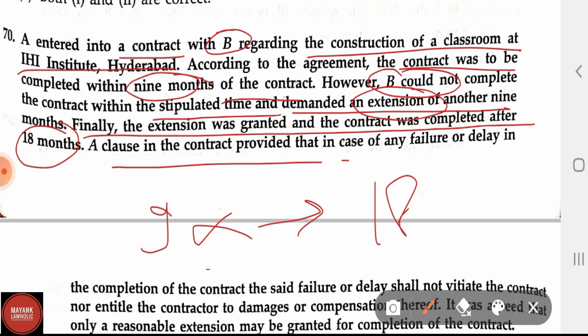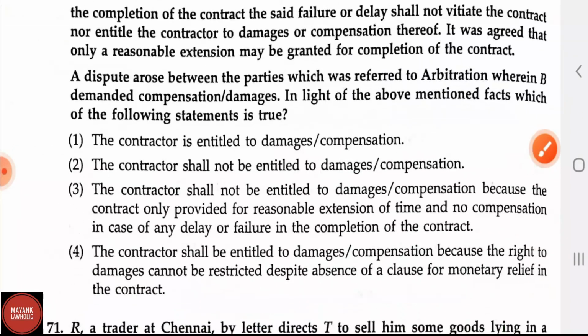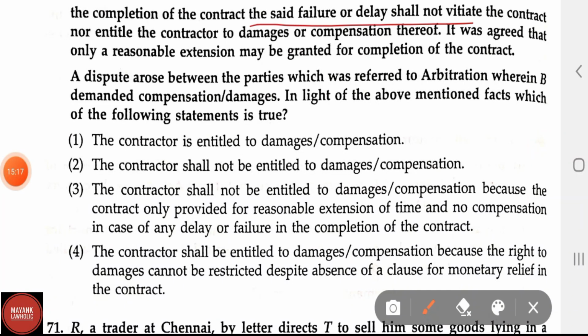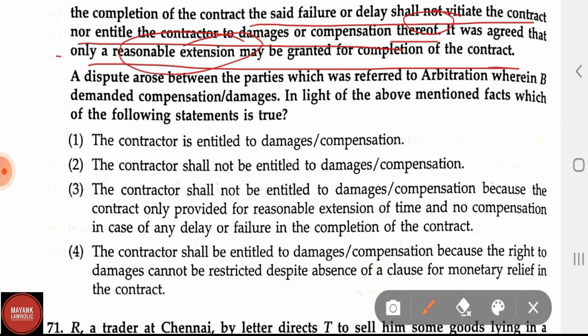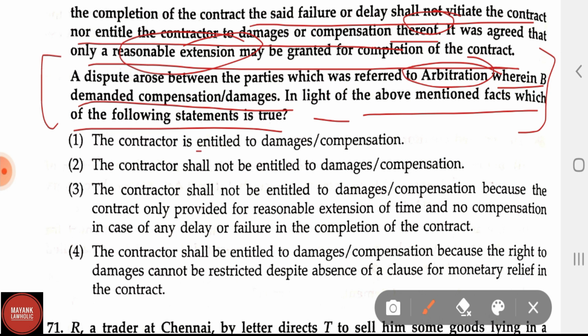A clause in this contract provided that in case of any failure or delay in the completion of the contract, the said failure or delay shall not vitiate the contract nor entitle the contractor to damages or compensation thereof. It was agreed that only a reasonable extension may be granted for the completion of the contract. A dispute arose between the parties which was referred to arbitration, wherein B demanded compensation or damages. In the light of the above mentioned facts, which of the following is true?